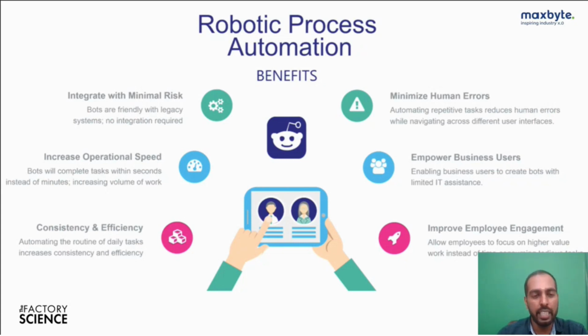It can increase the operational speed, and these RPA bots can do the task with consistency and in a very efficient manner, and it will help us to minimize the human errors. Once there are a number of tasks and processes to be automated, it will help the business users to automate with a single bot to grow the business.